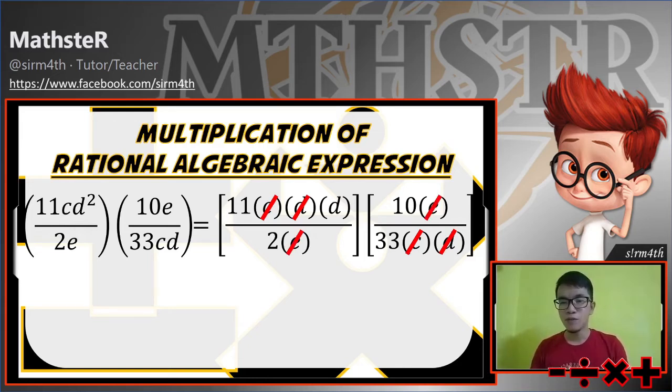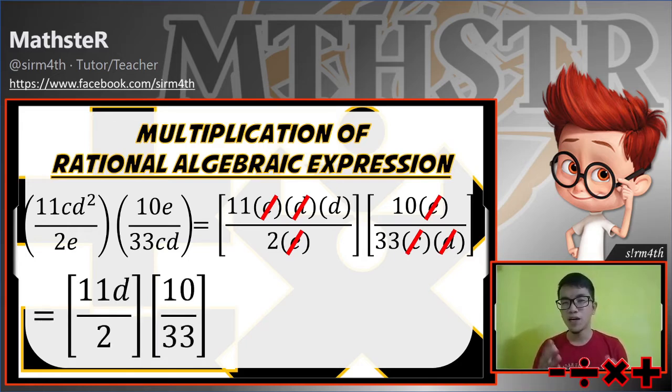So, kung napapansin nyo, kapag nag-cancel tayo sa numerator, dapat meron din sa denominator. Okay? Ibig sabihin, ang pwede lang nating i-cancel ay kung ano yung nasa numerator na nakikita natin sa denominator.